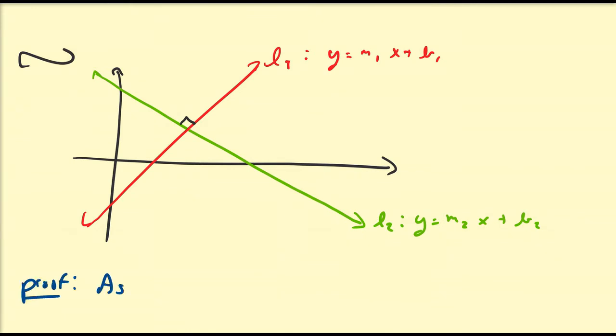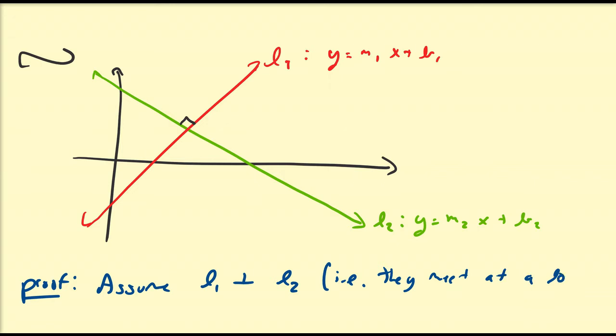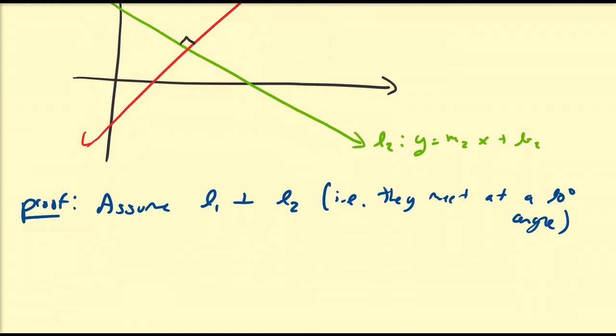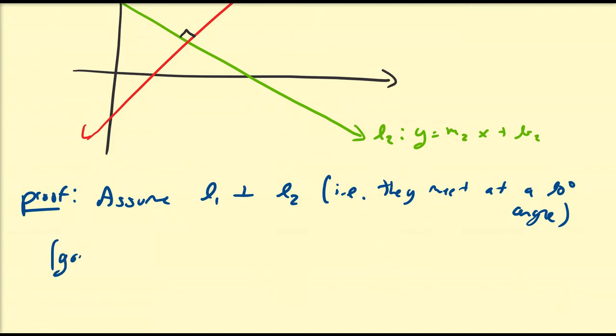So we're going to assume that L1 is perpendicular to L2. And what do I mean by perpendicular? I.e. they meet at a 90-degree angle. So our goal is to prove that m1 times m2 is equal to -1.